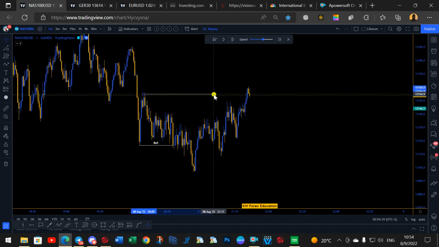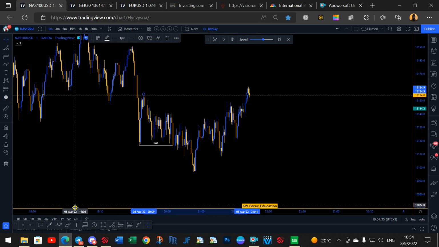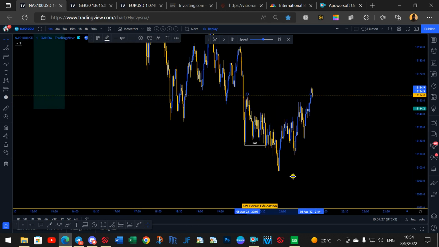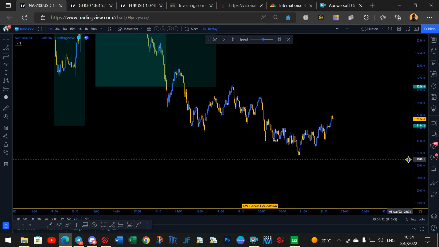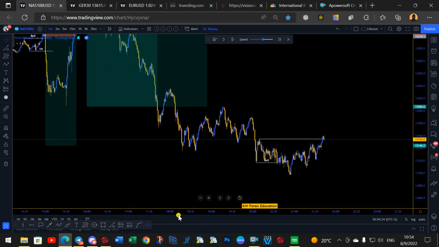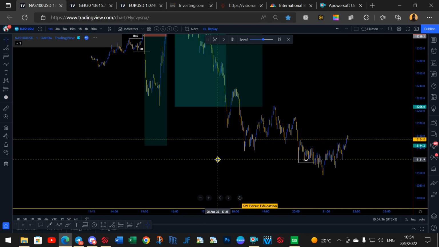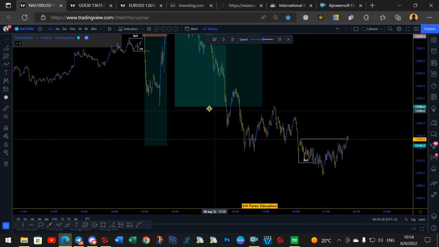There, it is at this point that you would have gotten out of the trade, right? So if I can just zoom out on our trade. This is the area I would have gotten out.